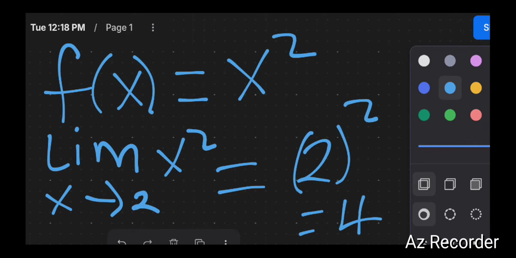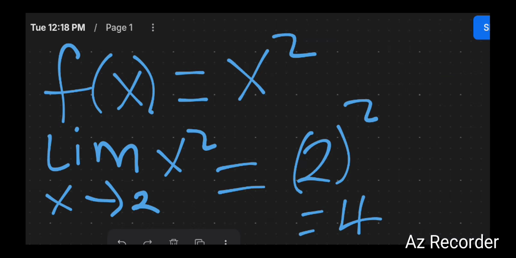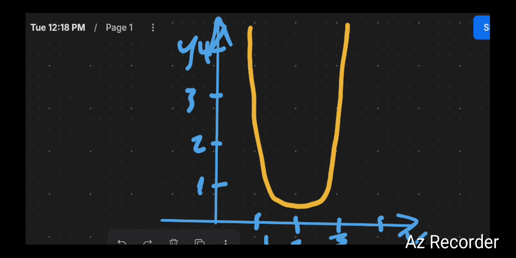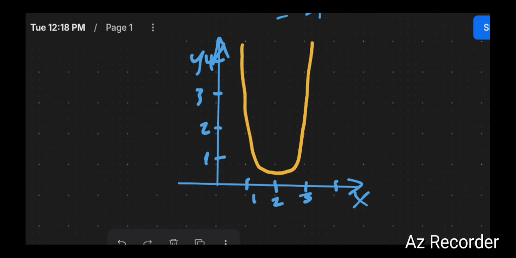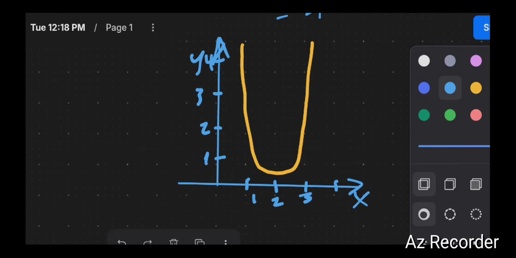We show it mathematically. Now, what is the significance of this? How does this describe the rate of change of the curve? Let's explain this using a graph. Let's say we have a curve here, and this curve represents f of x equals x squared.